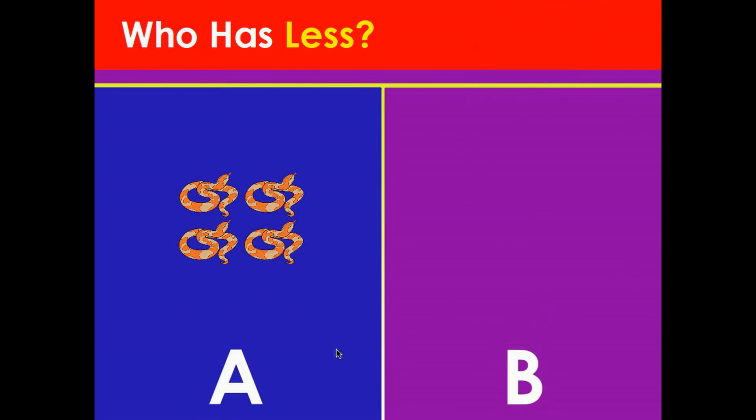Again here, who has less? Here in A there are 4 snakes, in B there is none. So B has less, because here you can say 0 or no animals. So A has more, or you can say B has less.